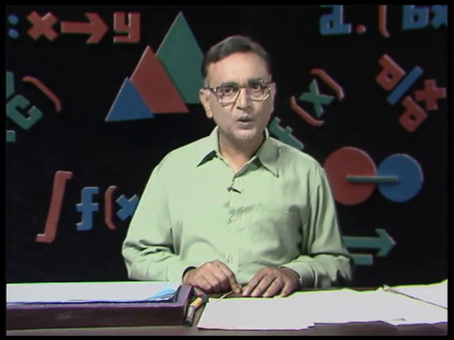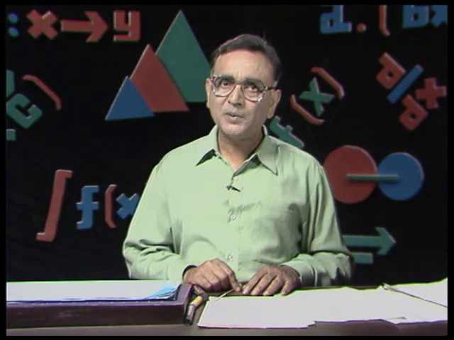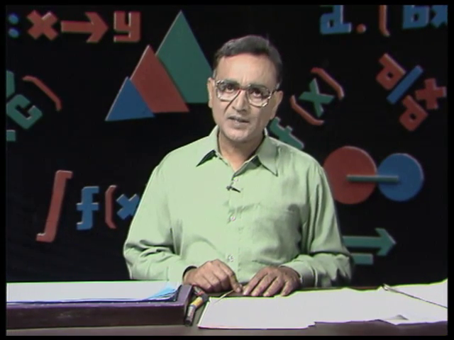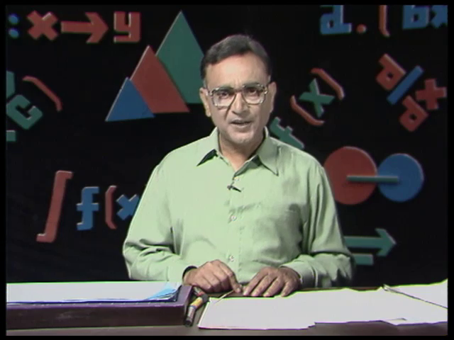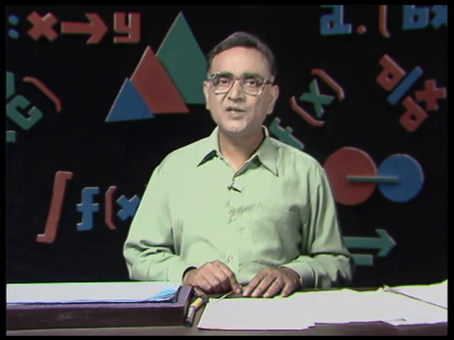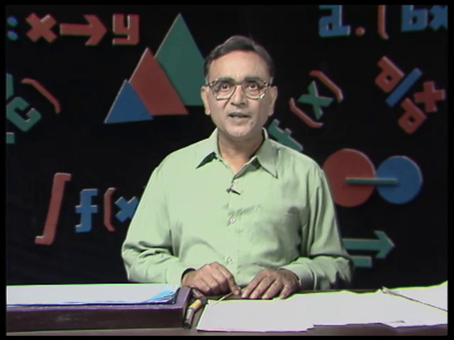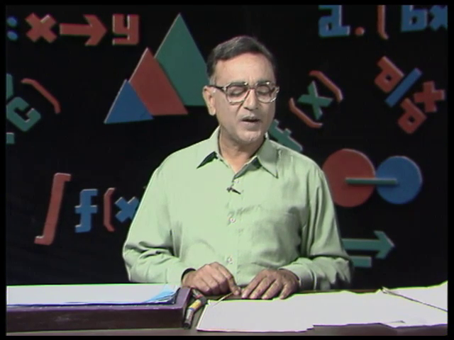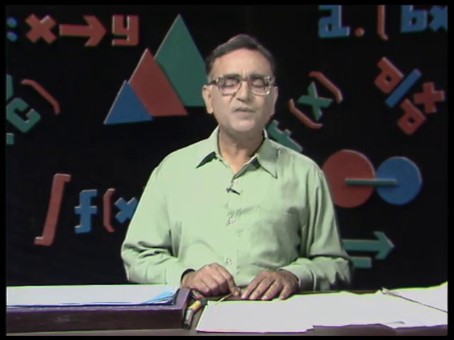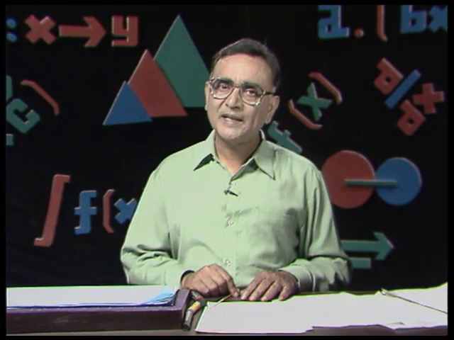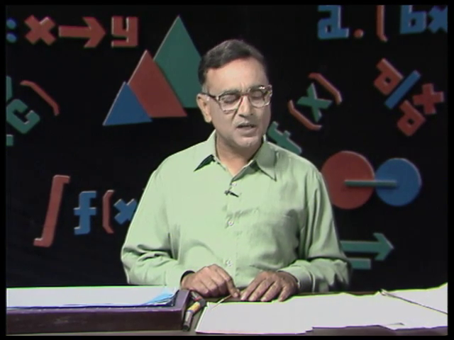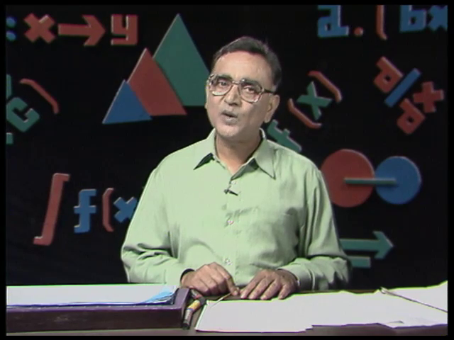We have a short while ago narrated one problem. Let's have that problem once again. In a fraction, if numerator is doubled and denominator is increased by 3, the fraction becomes 5 over 6. But if the numerator is increased by 3 and denominator is doubled, the fraction becomes 4 over 9.